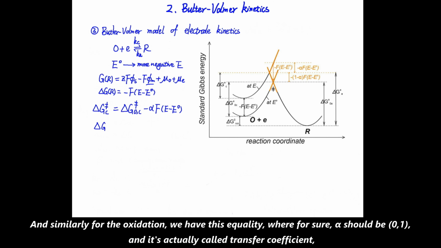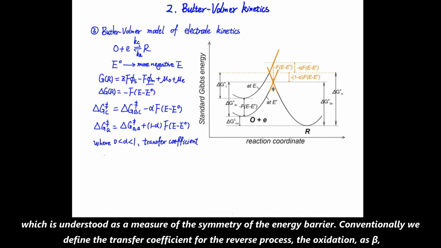And similarly for the oxidation, we have this equality, where alpha should be bigger than 0 and smaller than 1, and is called the transfer coefficient, which is understood as a measure of symmetry of the energy barrier.